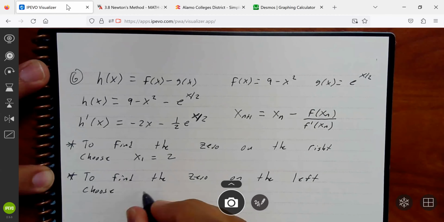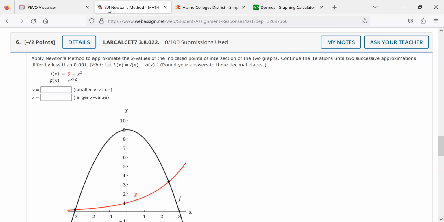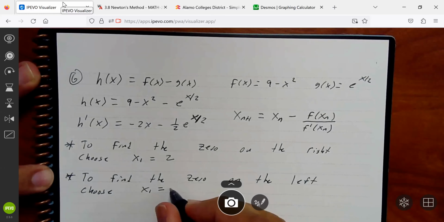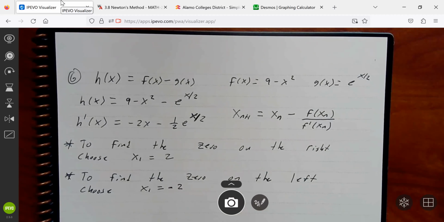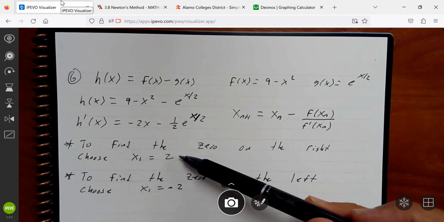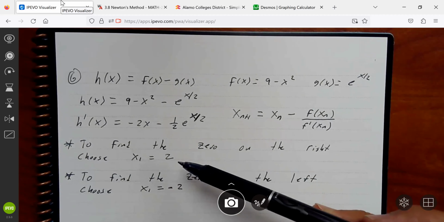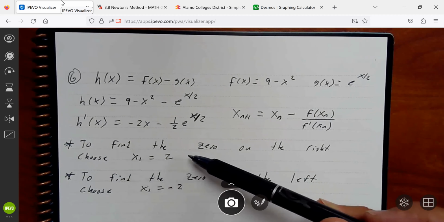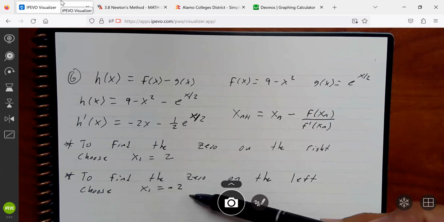For the left one, choose x1 equal to -2, I guess. You can choose whatever you want. But usually this method will approach the closest one from your starting point. So don't choose another one that's really close to the 0 you already found, because you'll probably end up in the same spot. So try to pick something further away.